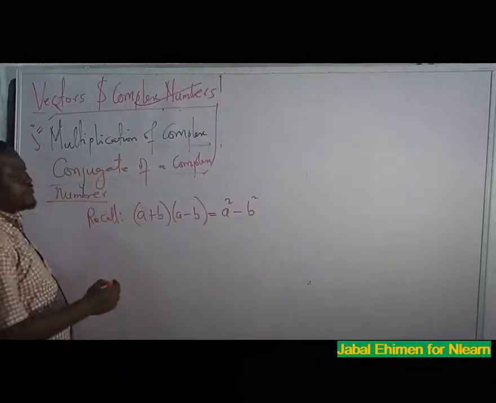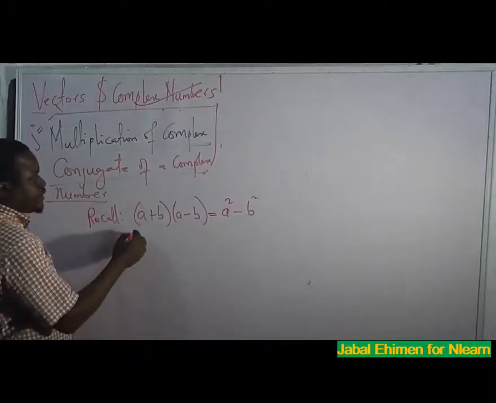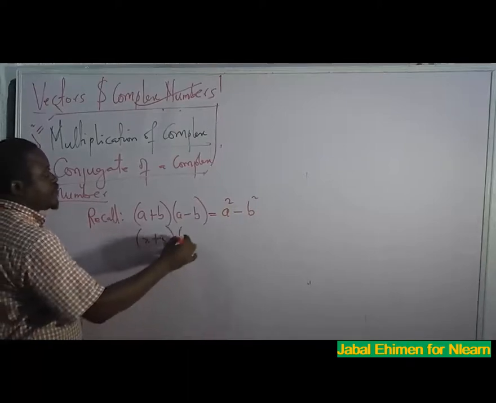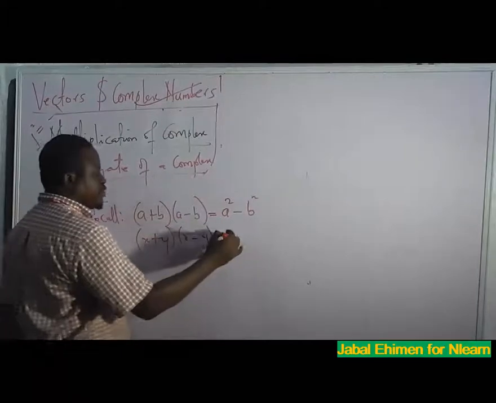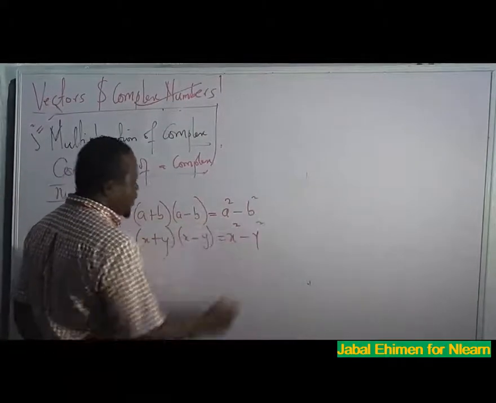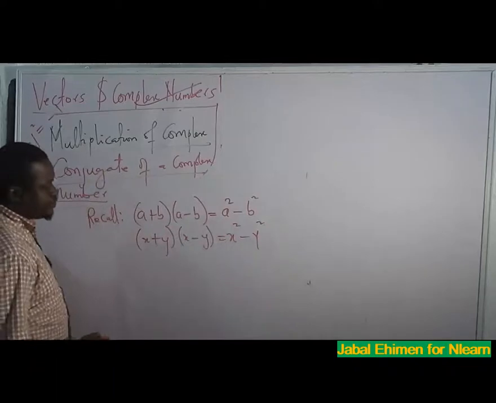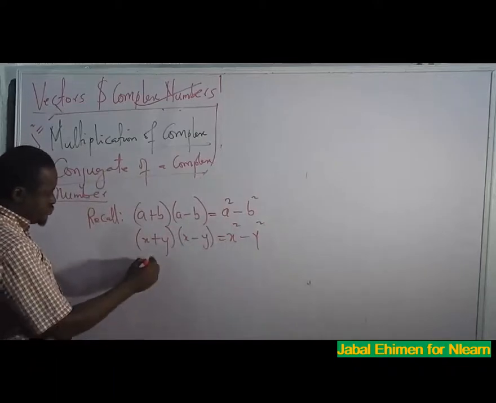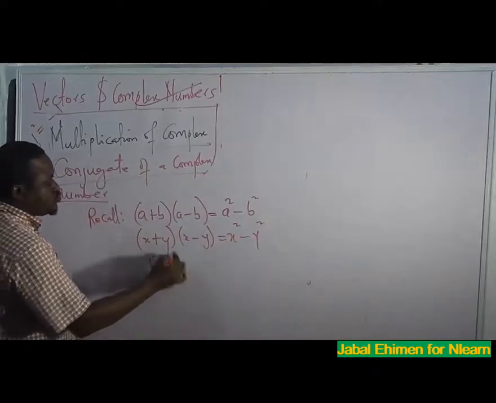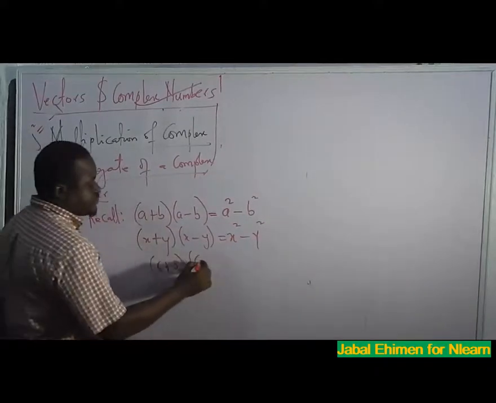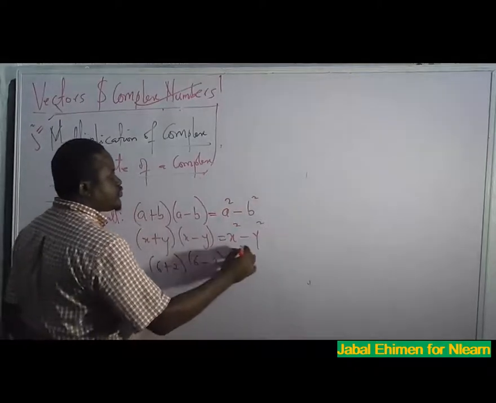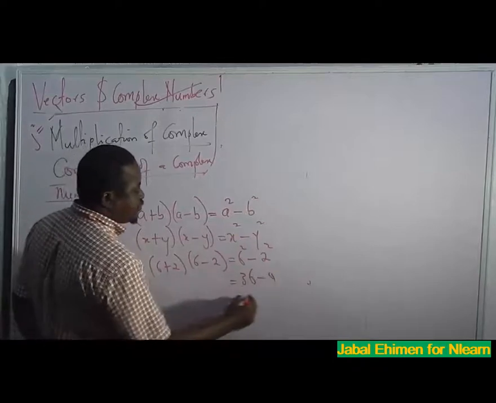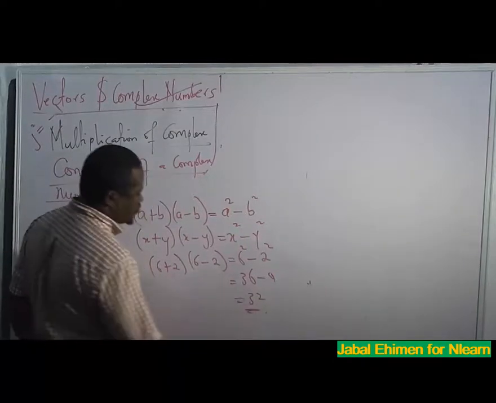If you have x plus y, x minus y, it automatically becomes x squared minus y squared. So if I have 6 plus 2 into bracket 6 minus 2, it gives me 6 squared minus 2 squared. And 6 squared is 36 minus 4, which will give me 32.